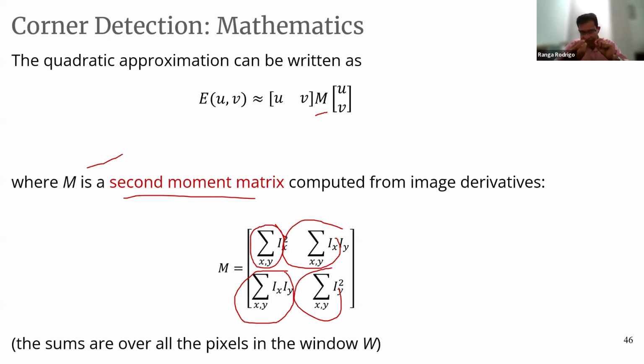That means at each location we will have four numbers: M11, M12, M21, M22. The sums are over all the pixels in a window.